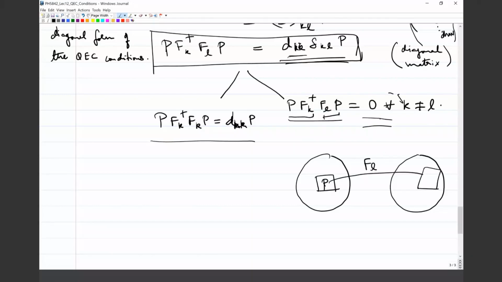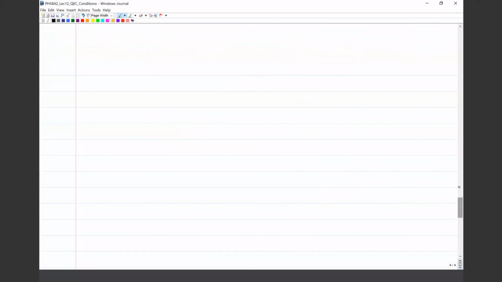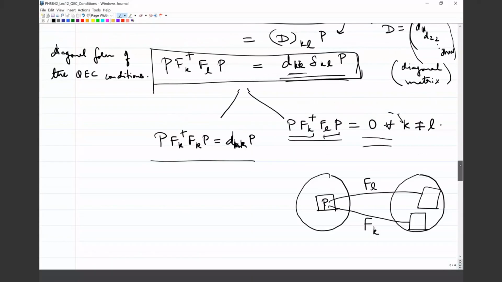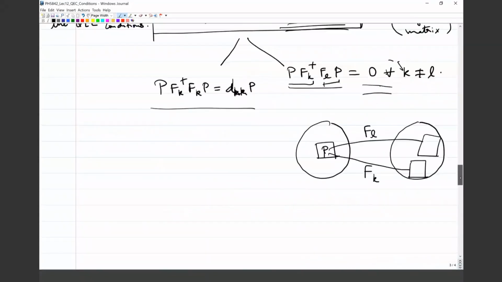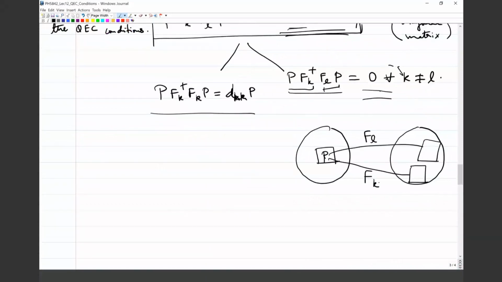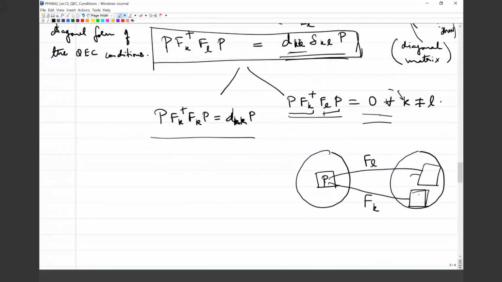And F_k is taking me to a different region of the larger Hilbert space, such that if I look at the overlap between F_k and F_l, there are no states in the overlap. So there is no overlap between these two subspaces onto which two different error operators are mapping the code space.